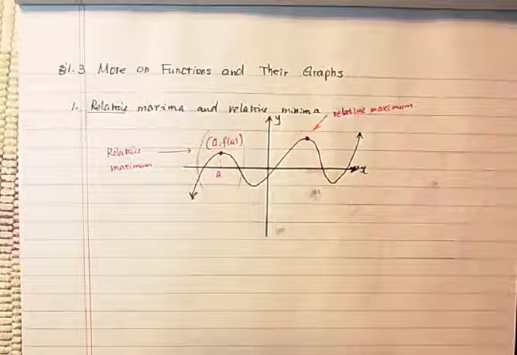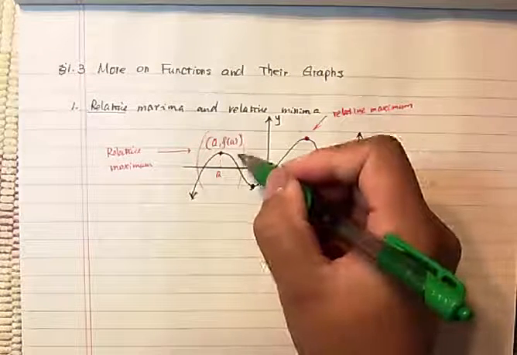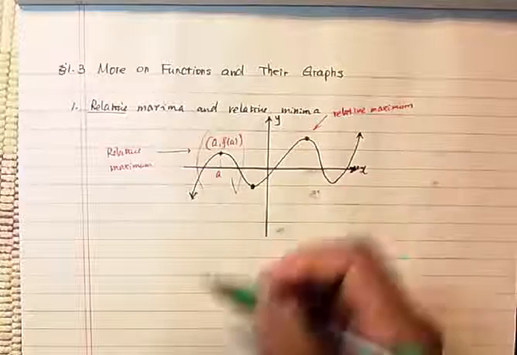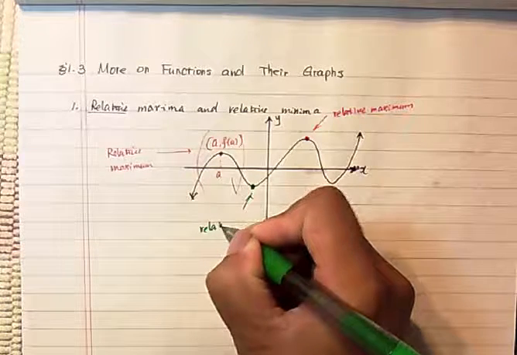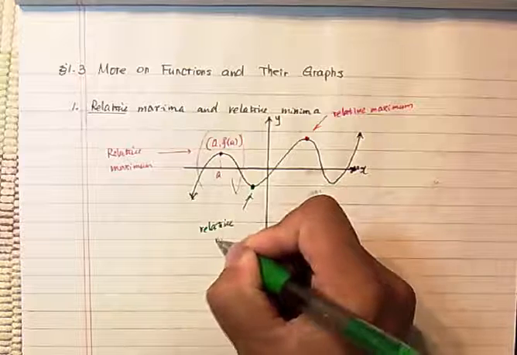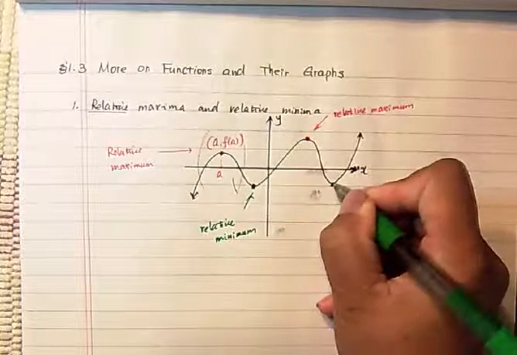On the other hand, if we take a look at this point, it seems like if I can define an interval, this point is the lowest point, so we call this one a relative minimum. So that's this point.